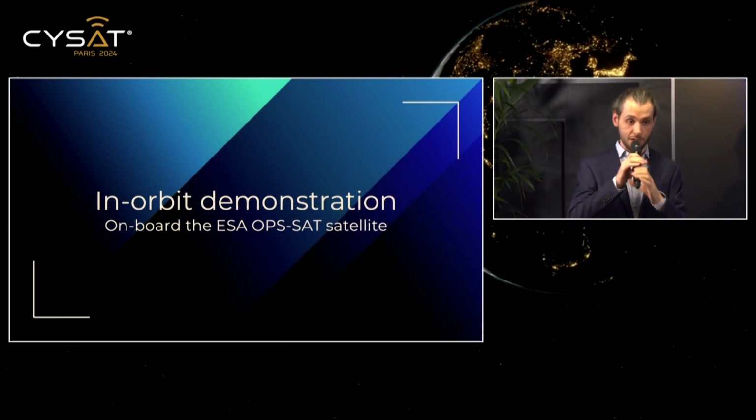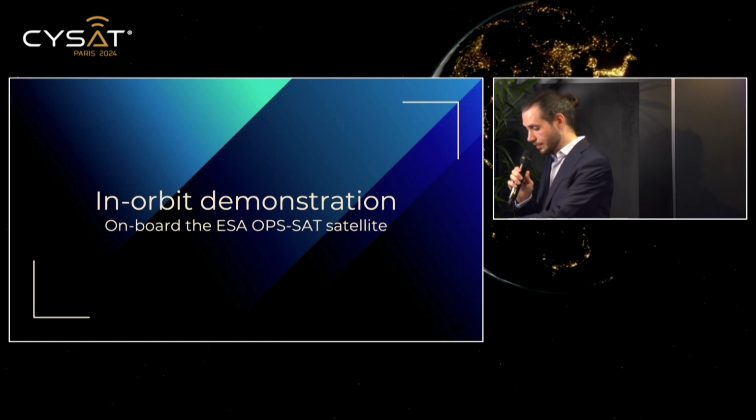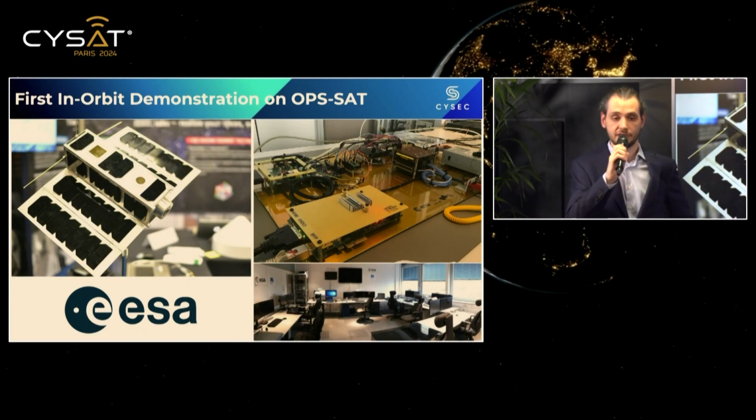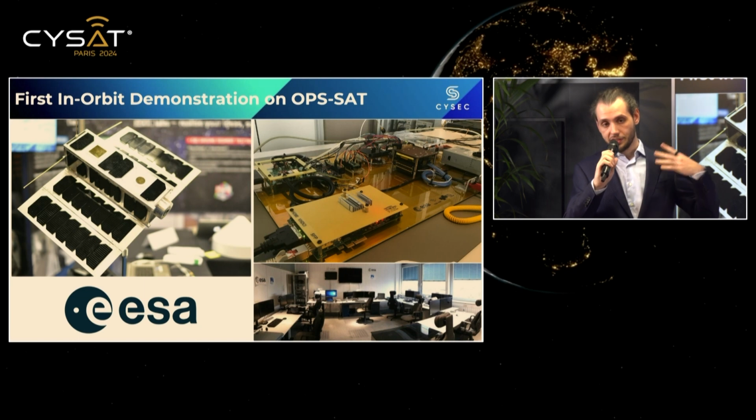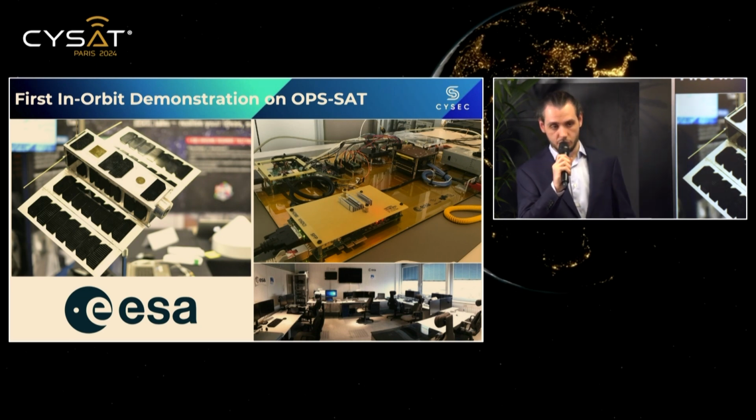I'm going to talk about our first in-orbit demonstration. We had the opportunity to fly on a satellite at the end of last year. The European Space Agency approached us with the opportunity to fly on OPS-SAT. If any ESA representative is in the room with us right now, I want to reiterate our thanks for this opportunity, because it was great to work with your engineers. So we flew on OPS-SAT, which you may be aware of.